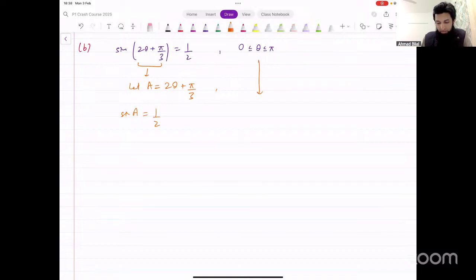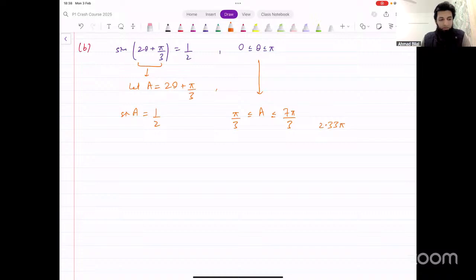We have to adjust the interval accordingly as well. What would that interval be? We put 0 in place of theta. 0 plus pi over 3, that would be pi over 3. Then we input pi in place of theta. That becomes 2 pi plus pi over 3, right? That will be 7 pi over 3. You can put that in a calculator. Now 7 pi over 3 is the same as 2.33 pi.